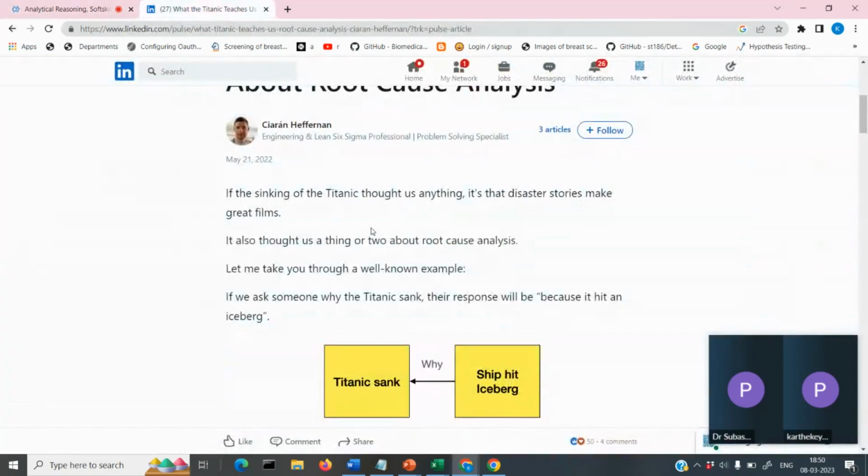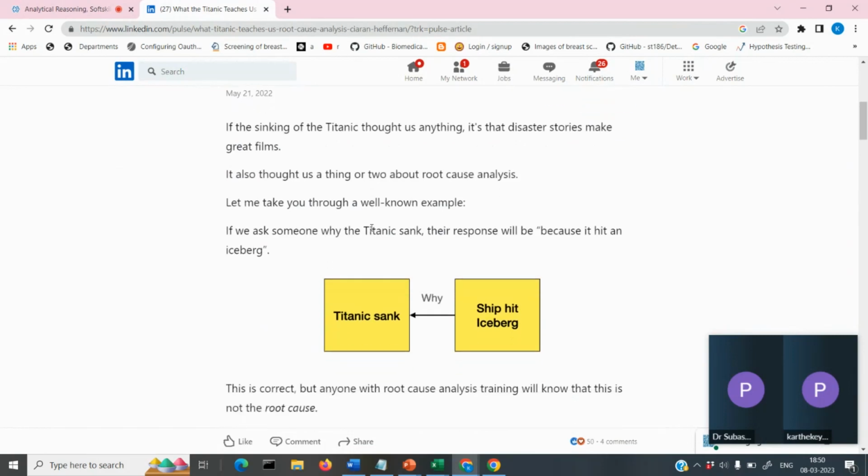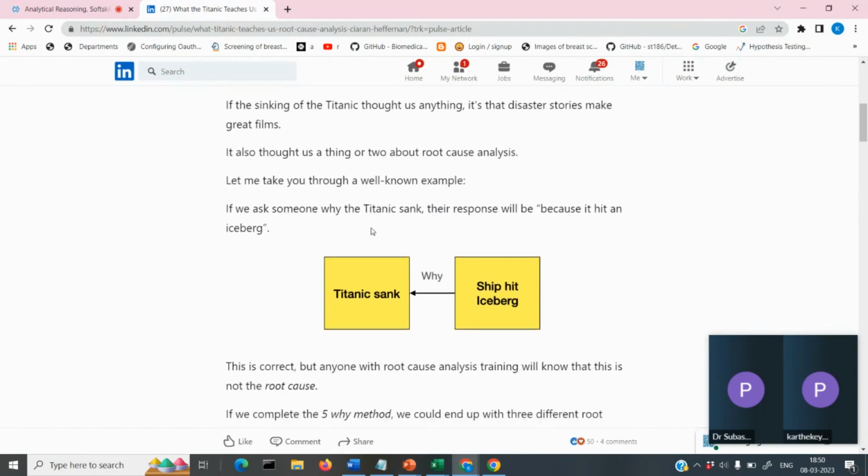So there was a very big ship which was considered the wonder in those times. It was named Titanic. It started off normally on a voyage, but it eventually ended up sinking and causing a huge disaster, affecting many people's lives.